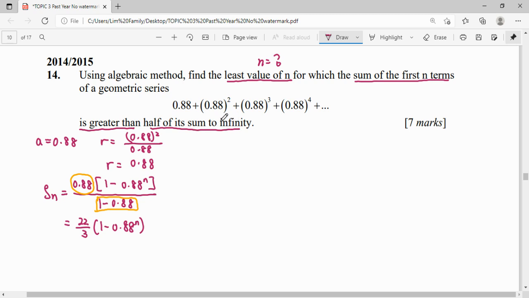Now I have to find out the sum to infinity so that I can set up the inequality. Sum to infinity is a over 1 minus r. So from here, we get the sum to infinity is 22 over 3.